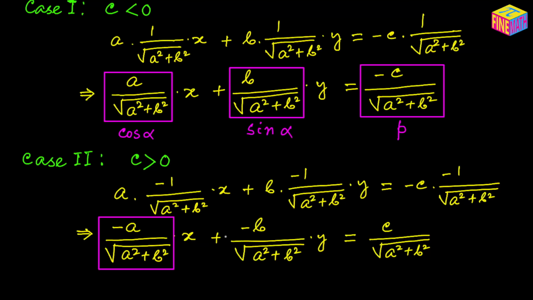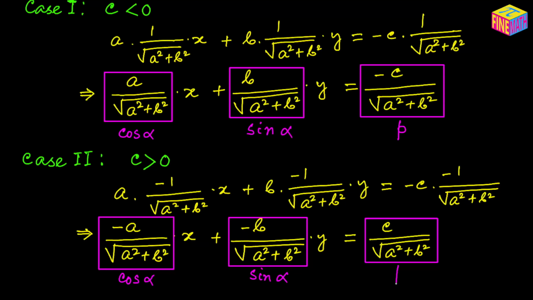And now if we consider this to be cosine of alpha, and this to be sine of alpha, and this to be p, now our equation looks like x times cosine of alpha plus y times sine of alpha is equal to p. So that is how we can convert the general form of the equation into the perpendicular form. Always remember that in the perpendicular form, the right hand side is always a positive number.